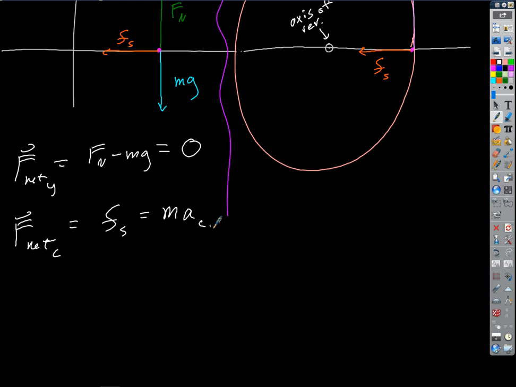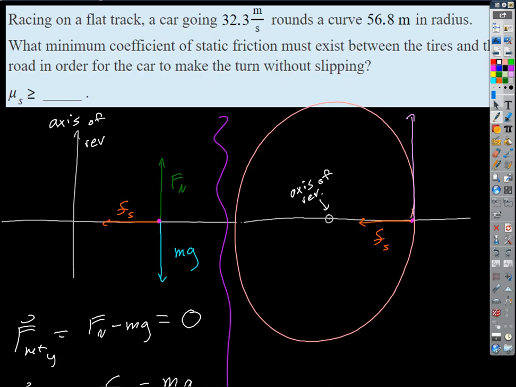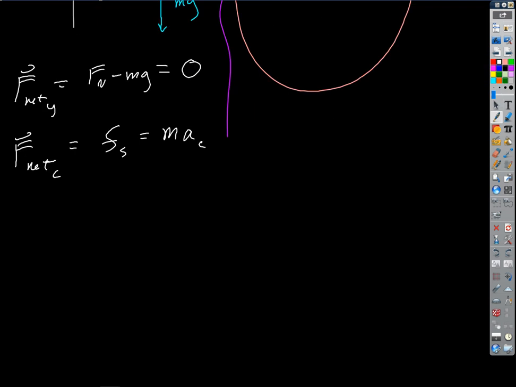And so what are we even trying to answer here? What's mu sub s, okay? Well, then all we've got to do now, from here on out, it's pretty straightforward, right? We know from the first equation, if we solve for normal force, it just equals mg, and we know that F sub s is just mu sub s times normal force. But what's normal force?